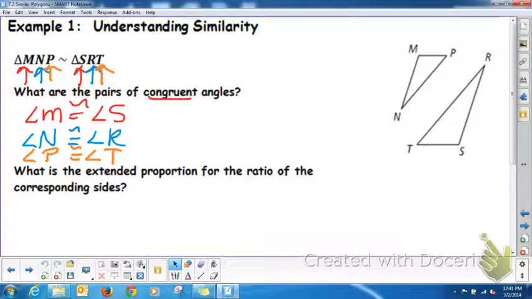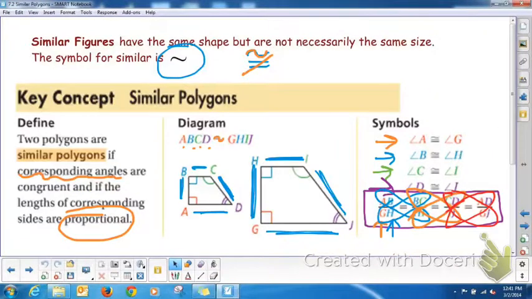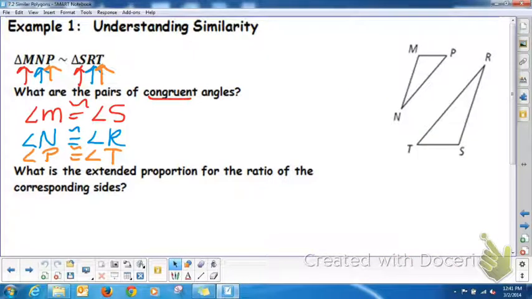Well, we had M matching to S. Now, this is where you have to decide which triangle is going to go on top. I'm going to put this first triangle on top and the second one on the bottom. So I have M, which was my first letter, and then I have N, which was my second.